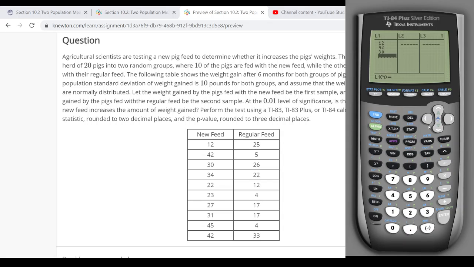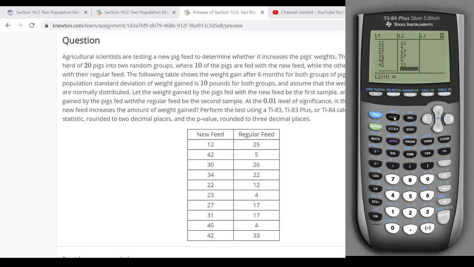And I'll pop this right back when I'm done. Okay, so I'm back, and you see down L1, you can't see all 10, but I'm at spot 11 here. Down L1, I've got the 10 pigs, the weight they gained eating the new feed, and then down L2, I've got the weights that were gained by the pigs eating the regular feed.